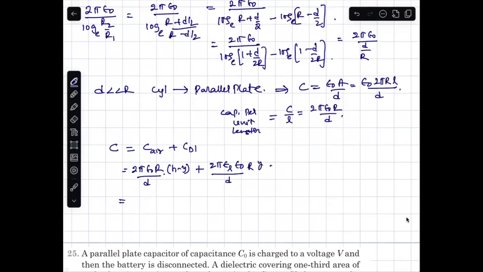So the expression for capacitance is 2 pi epsilon naught R by D common, times (epsilon_r minus 1) Y plus H. Remember, that is the capacitance, not capacitance per unit length, because it is followed by the multiplication factor of the length term.